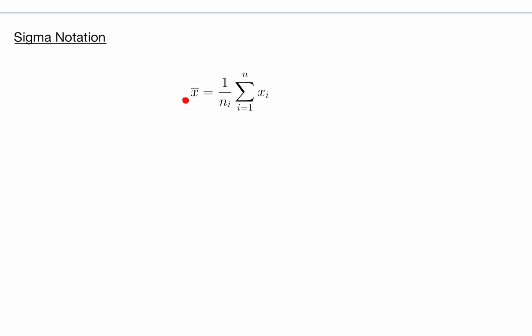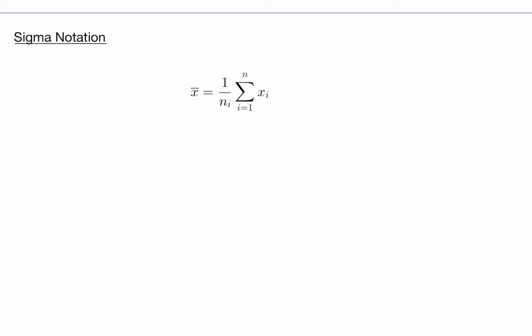This symbol right here, this x with the bar on top, is really representing the average, right? So this bar means it's an average number. And let's take a look at this 1 over n, and the i below the sigma. This n really represents the number of terms, okay? The number of terms that we're going to be adding.